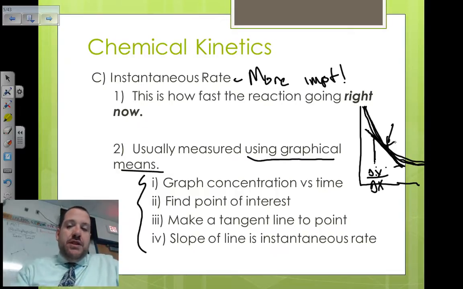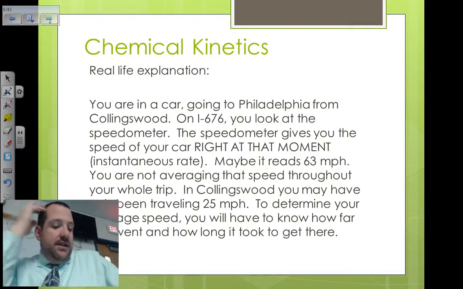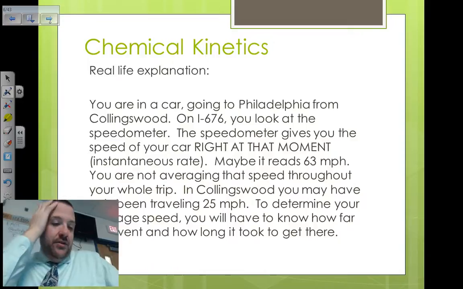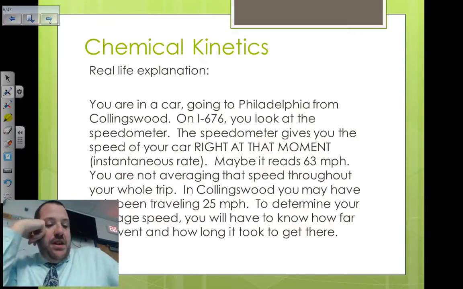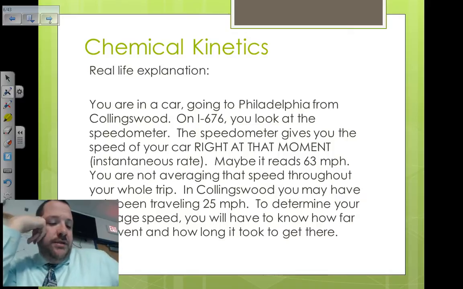In order to really visualize this, here's a real-life idea. I'm traveling in a car. I'm going from Philadelphia to my job in Collingswood. And I look at my speedometer.